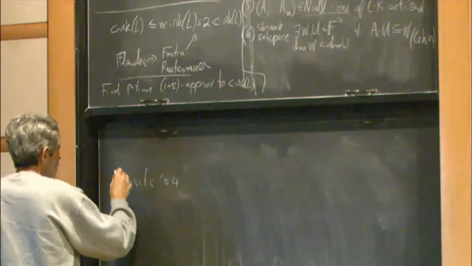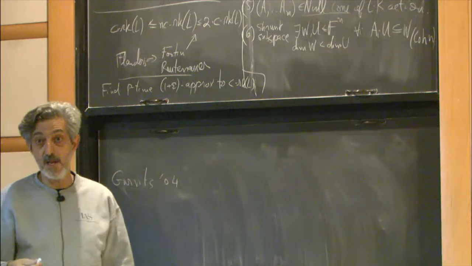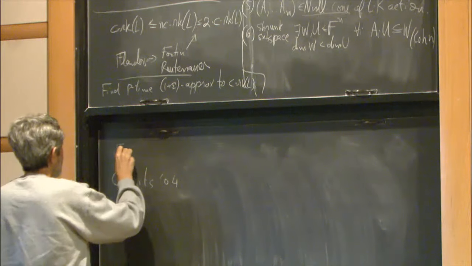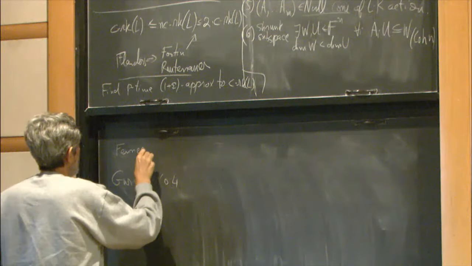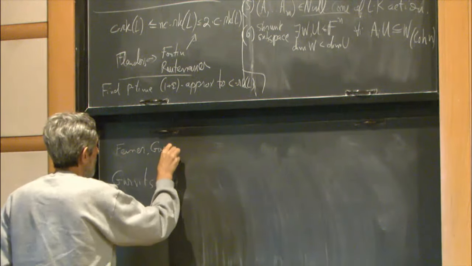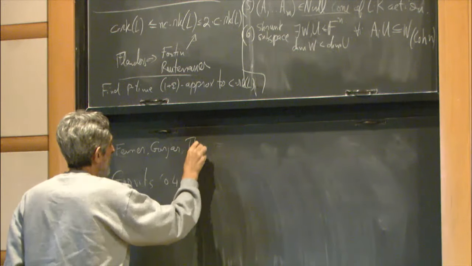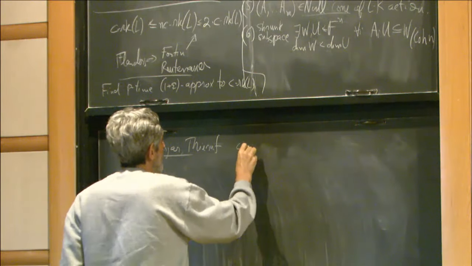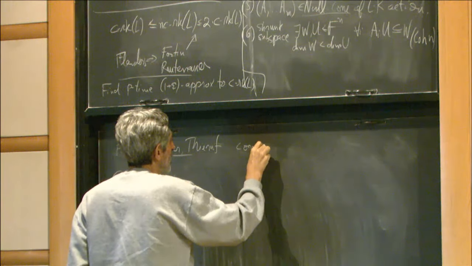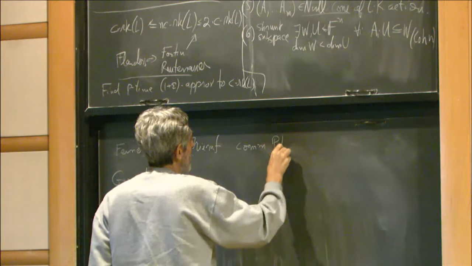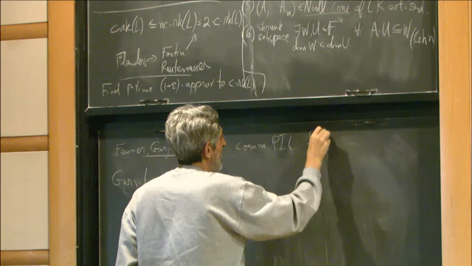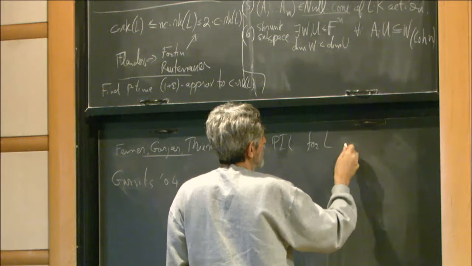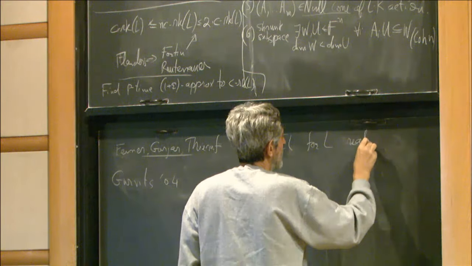But actually, before this, I just want to mention, last week we had a lecture by Steve Fenner, and this work of Fenner, Gurjar, and Thierauf: do the commutative PIT for L, which you can think of as the read-once matrices.